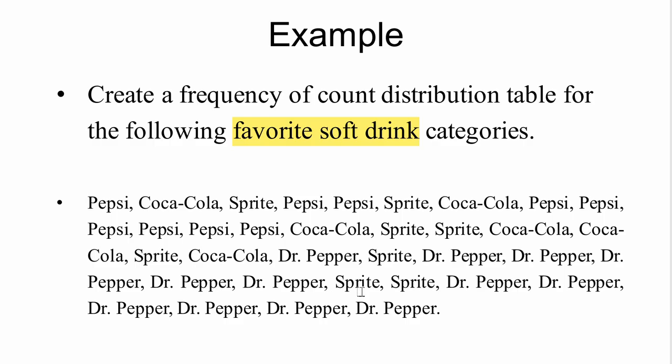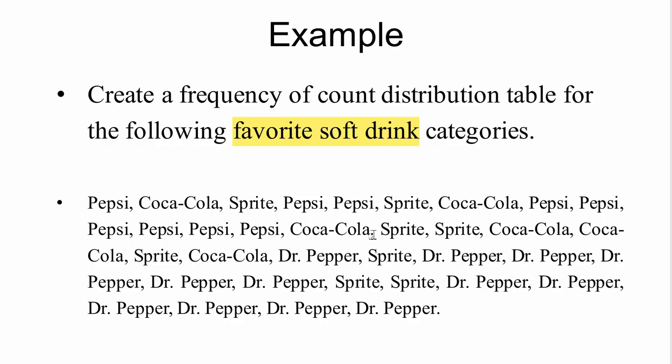So let's say I'm calling my favorite soft drink joint, like Pizza Hut, and I'm going to order soft drinks for my friends. If I present it this way, it becomes a little bit difficult for whoever is taking the order. But if I summarize it in a table form, using the frequency of count distribution table, it becomes a bit easier for the person taking the order.